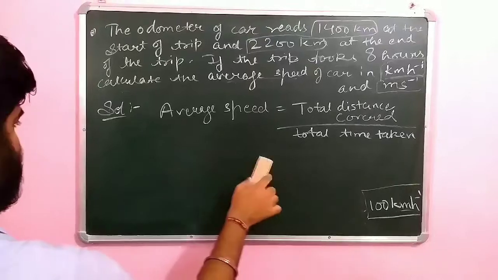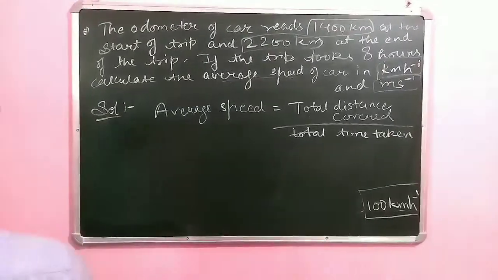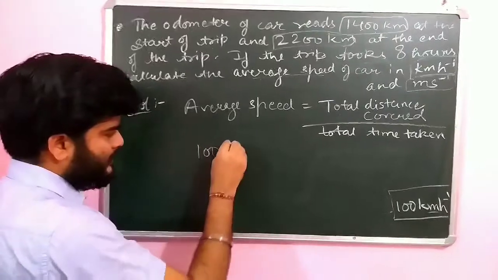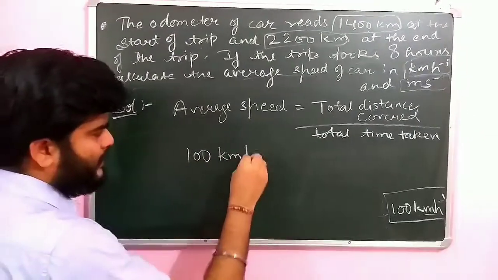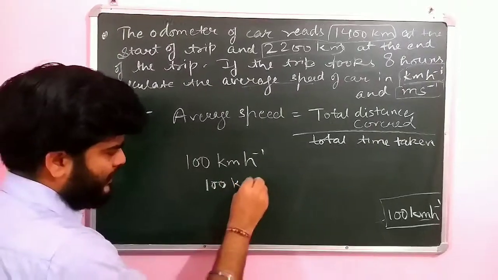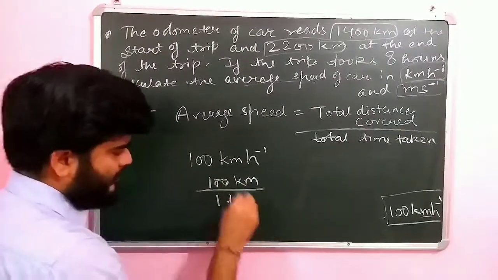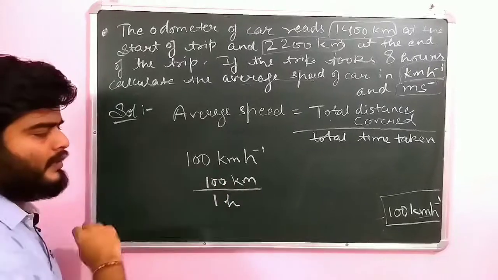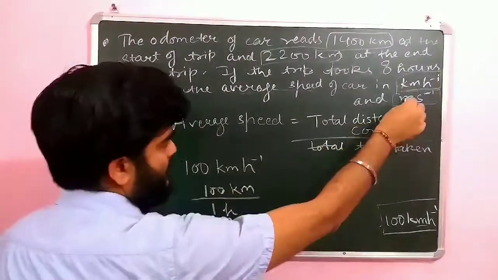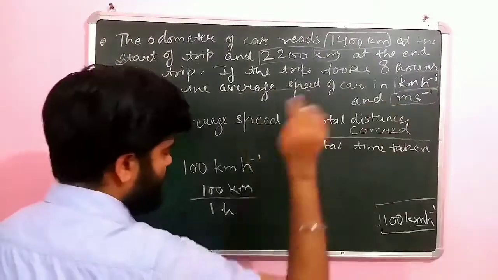Now we will find this in terms of meter per second. Our answer comes out to be 100 kilometer per hour. It means it is covering 100 kilometers in 1 hour. We just have to convert these units. We have to convert kilometers into meters and hours into seconds.